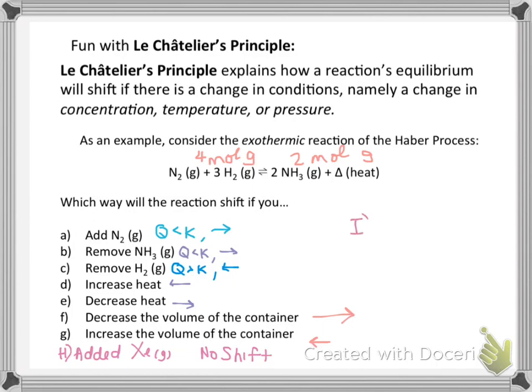And this doesn't make so much sense for the Haber process, but if you change the amount of a solid or a liquid, it's not going to change the equilibrium either. You're not going to have any shift. So only things that go into your Q expression will have any shift effects.